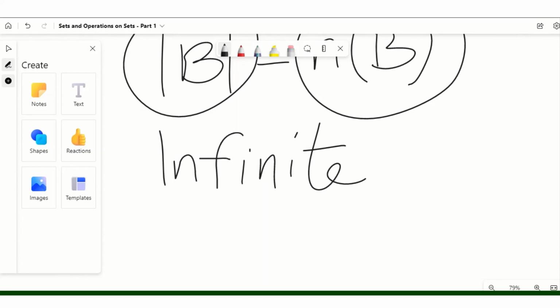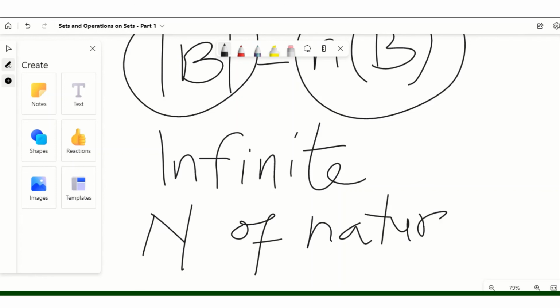Take the set N of natural numbers. What are the natural numbers? 1, 2, 3, 4, 5, 6, 7, 8, 9, 10. You can count to a million, billion, trillion, all the way. It never ends. It's infinite.